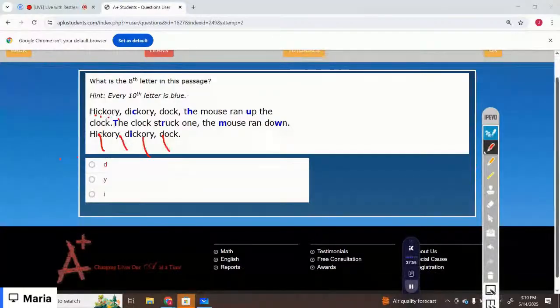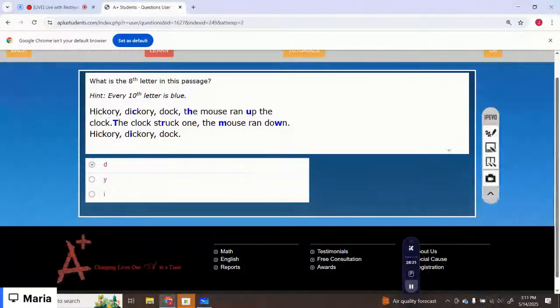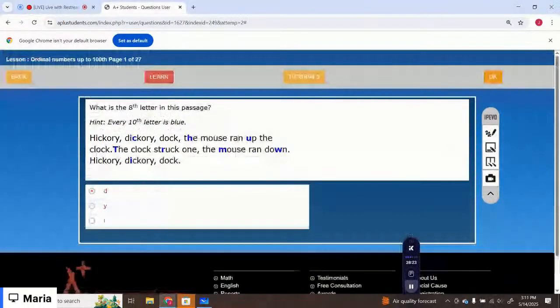The eighth one is B. The correct option is D. D is at the fourth position, option number one is the correct option.